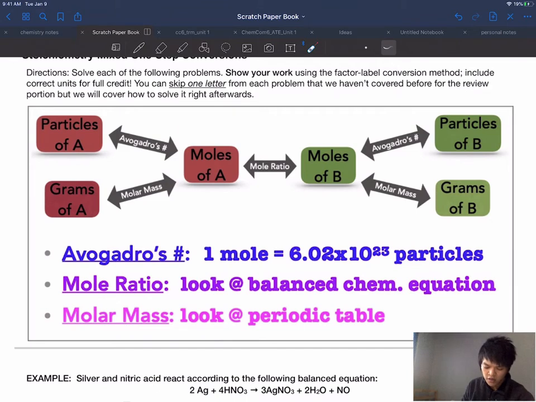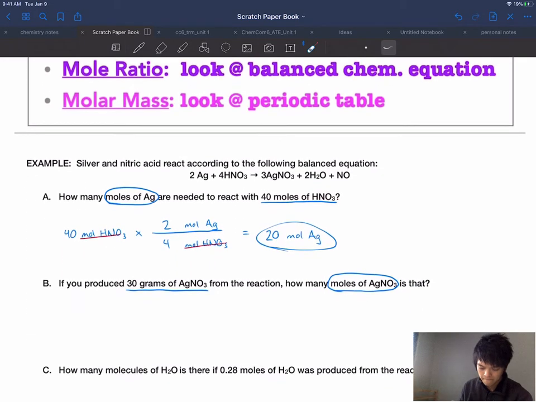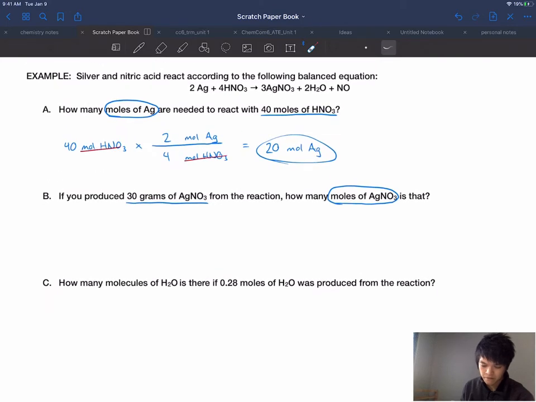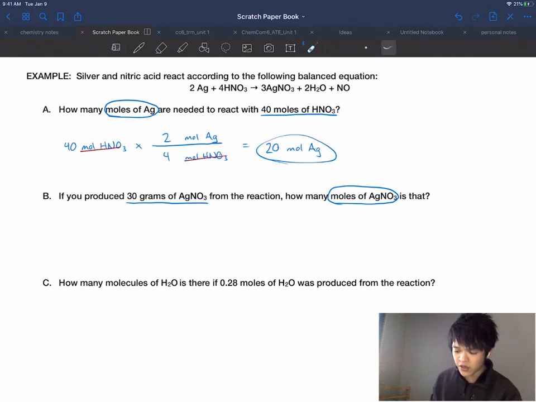And let's see, if we have a molar mass, where do we get the numbers? Oh, the periodic table. We need a periodic table to get the molar mass of a substance. All right, so what do we do from here? Well, we're going to start by writing down what we underlined.